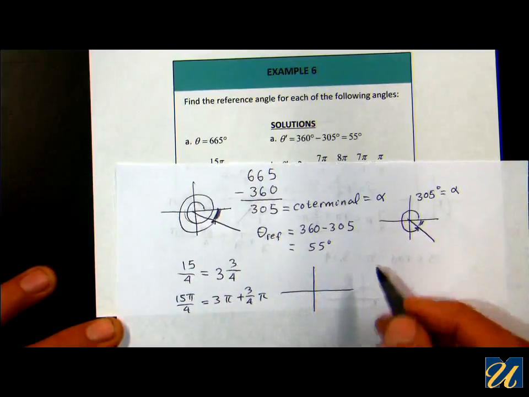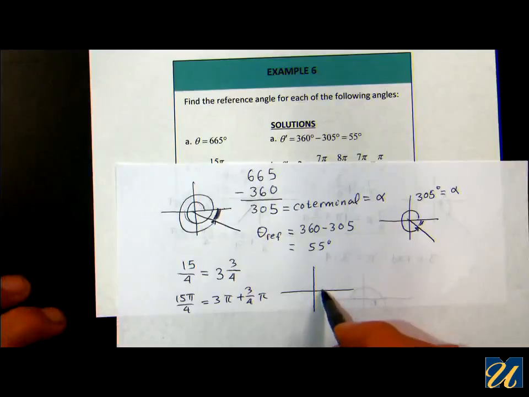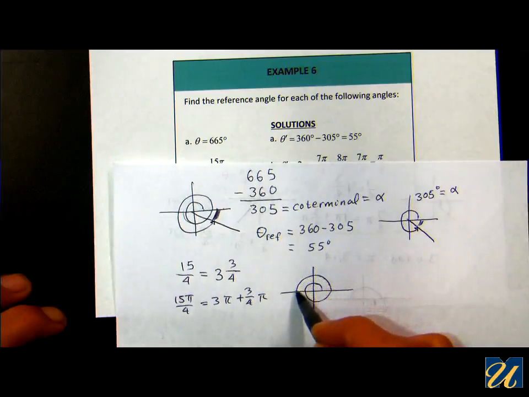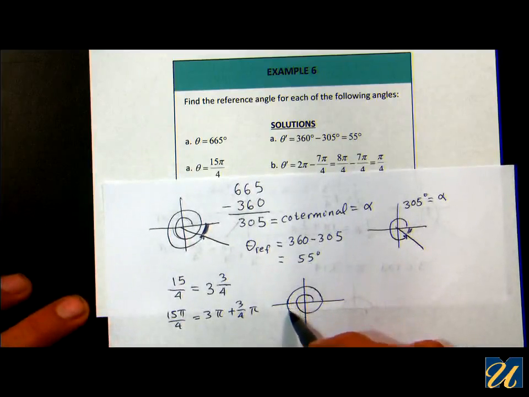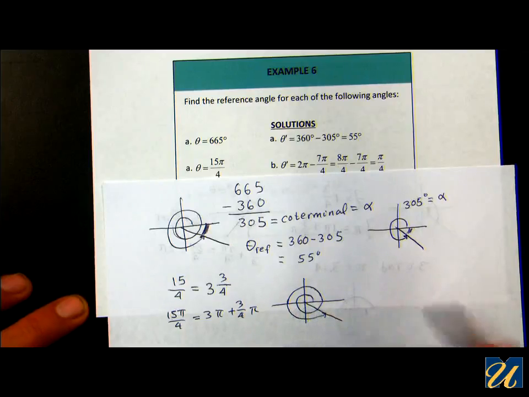Okay, well 3 pi, count in terms of pi, 1 pi, 2 pi, 3 pi, and now we need 3/4 of pi. So 3/4 of that's going to put us over here in the 4th quadrant. It's a huge angle.